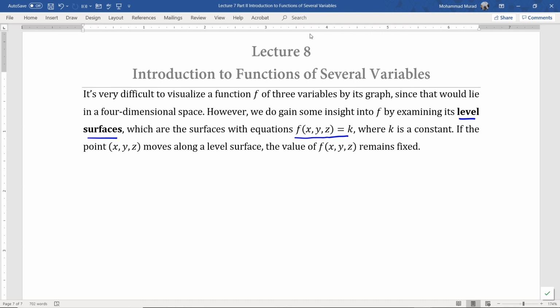If the point (x, y, z) moves along a level surface, the value of the function f at (x, y, z) remains fixed. So level surfaces are a 3-dimensional version of the 2-dimensional level curves.